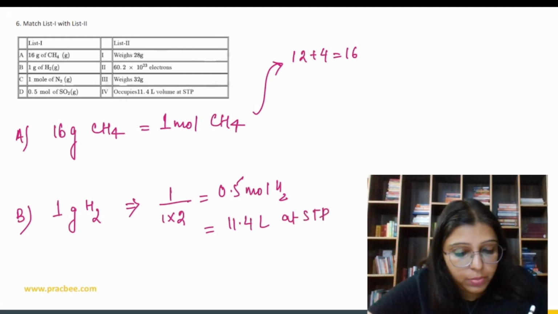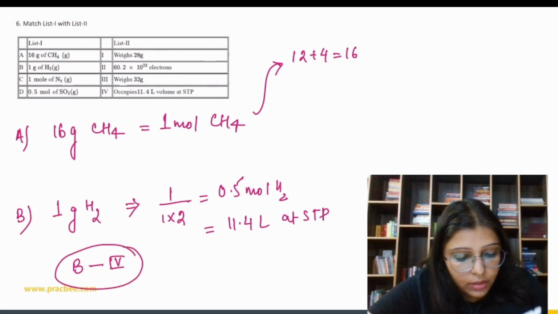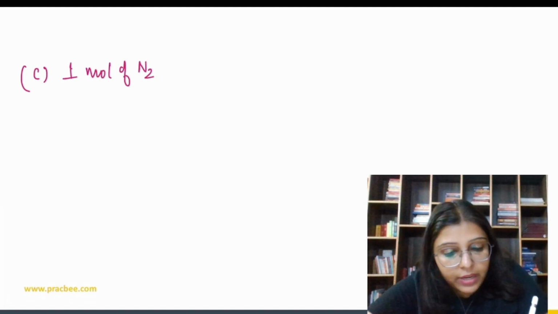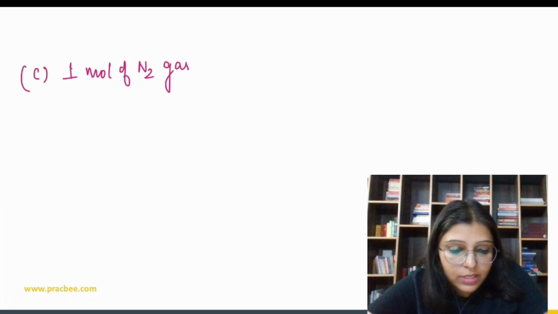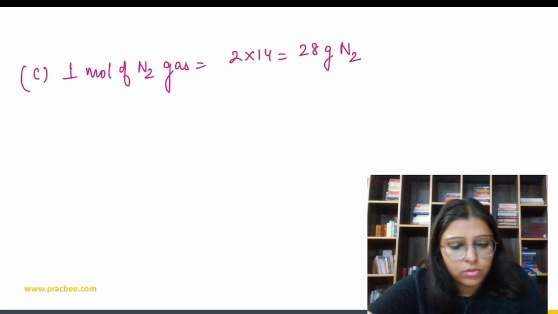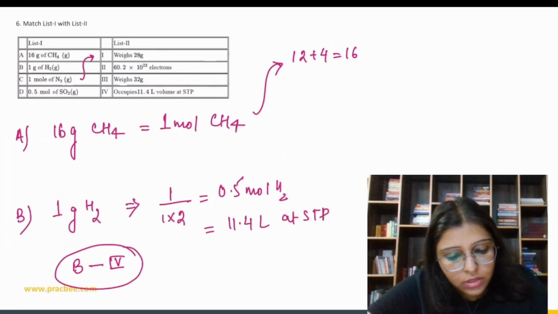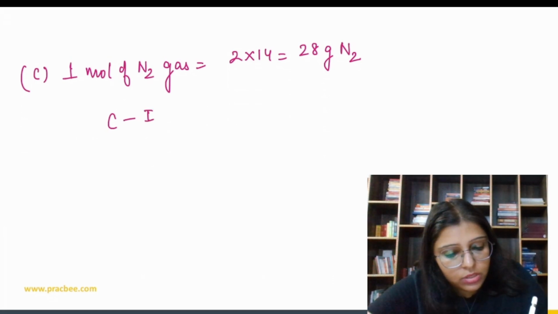So it means B we can match with the fourth one. Now see, 1 mole of nitrogen gas. So 1 mole of nitrogen gas means obviously 2 into 14, which is equal to 28 gram of nitrogen. So this is also correct. It means we can match C with the first one.